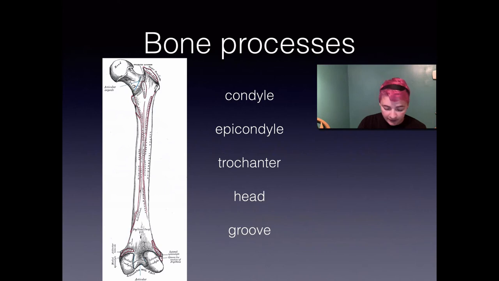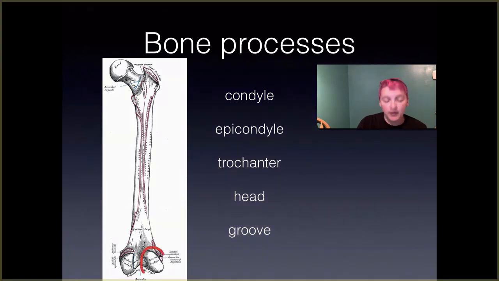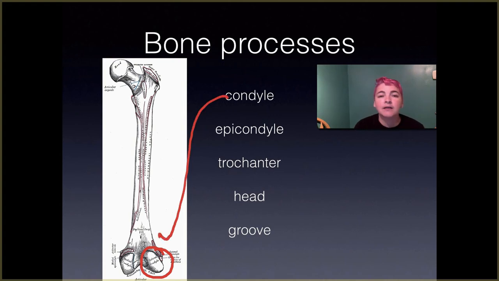A condyle would be here down at the bottom of this bone. This is the femur, your thigh bone. This is what would articulate as part of your knee. An epicondyle is a smaller process just above a condyle. This would be the epicondyle here.